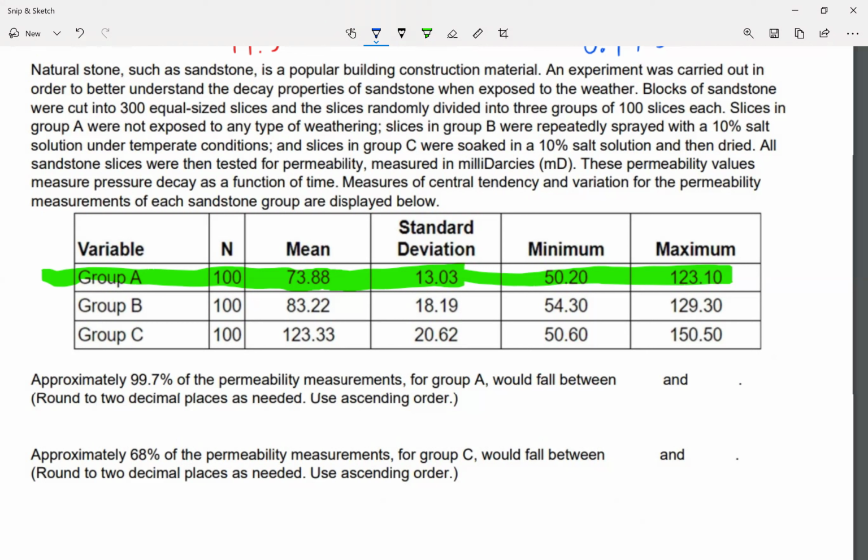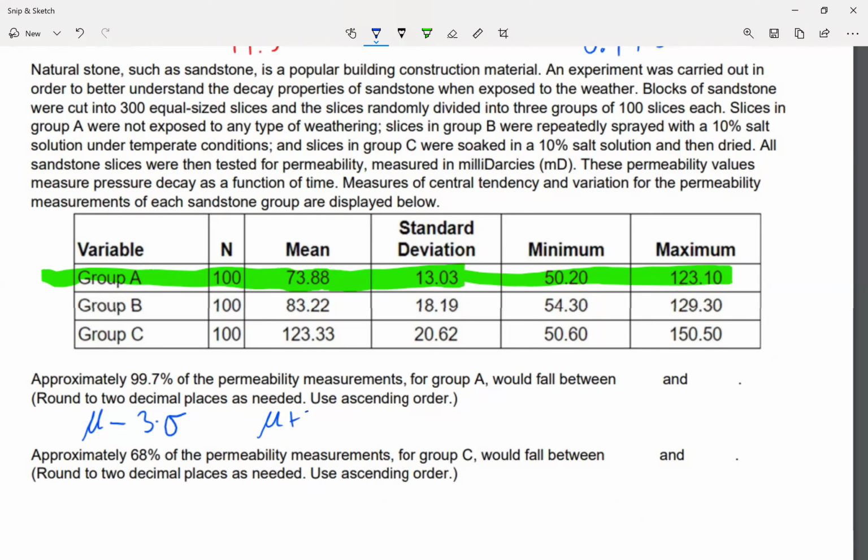Okay, I remembered, according to my empirical rule, 99.7% is going to go as far down as the average, or mean, minus 3 times the standard deviation. And then it's going to go as far up as the average plus 3 times the standard deviation.